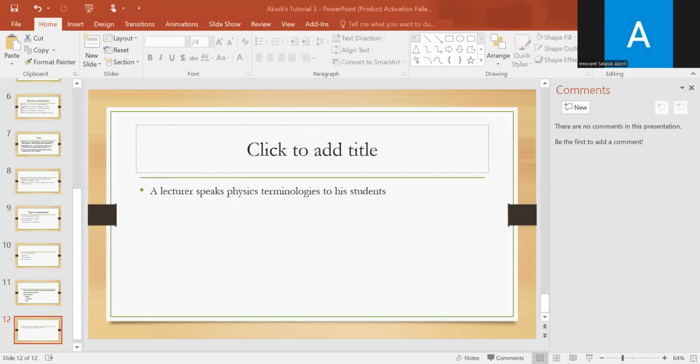Is it semantic noise? Is it cultural noise? In this case, conversation has been ongoing and they understand each other until the lecturer begins to use terminologies which the students couldn't understand. So that is semantic noise.